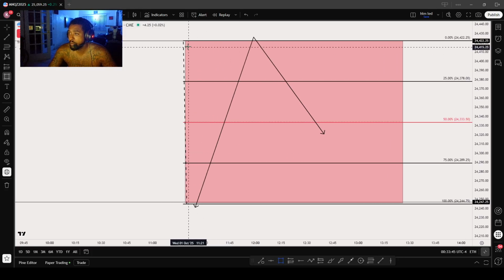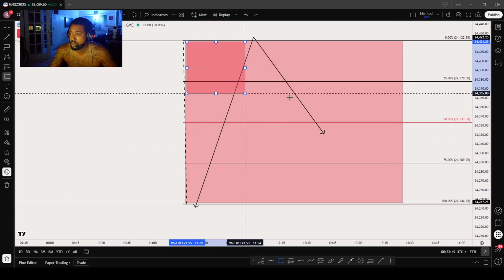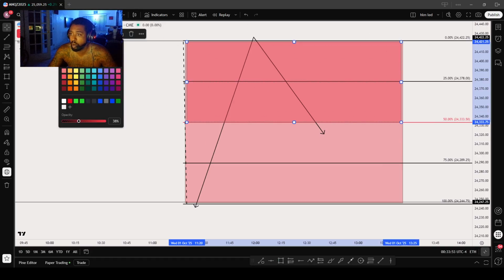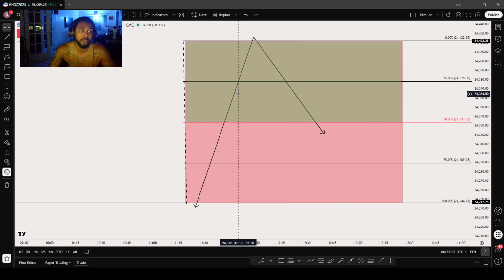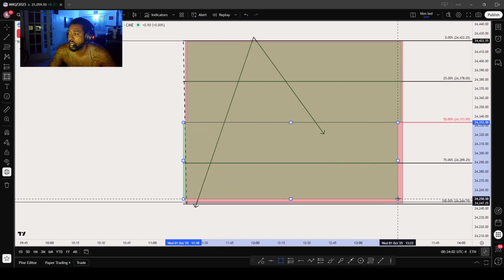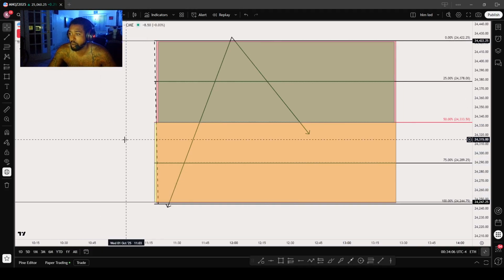So break this down. If you're in a range from low to high and you want to find the quadrants, the upper half is a premium, which means it's expensive. You don't want to buy when things are expensive. You want to buy when things are at a discount, so anything below the 50 is a discount.